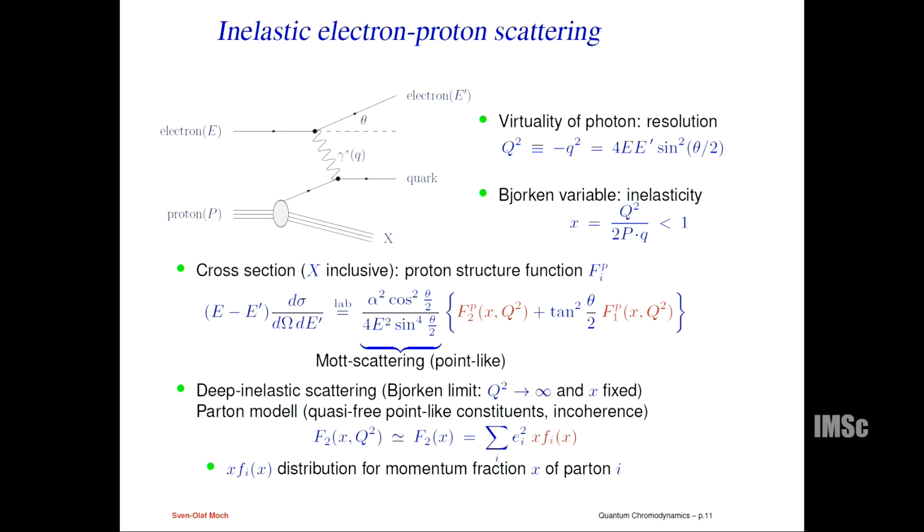So we sum over the up, down, strange, and gluon distributions in the proton, multiply them with the quark charges squared, and sum it all up. So this is what we have at leading order, without any further QCD corrections.